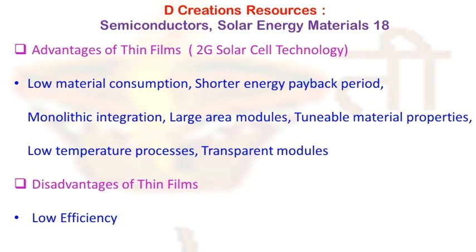Also the cause of low cell efficiency is the structural deviation of thin films, or there could be defects, for example. If you compare this to the bulk wafers, definitely the defects will be more in case of thin films.